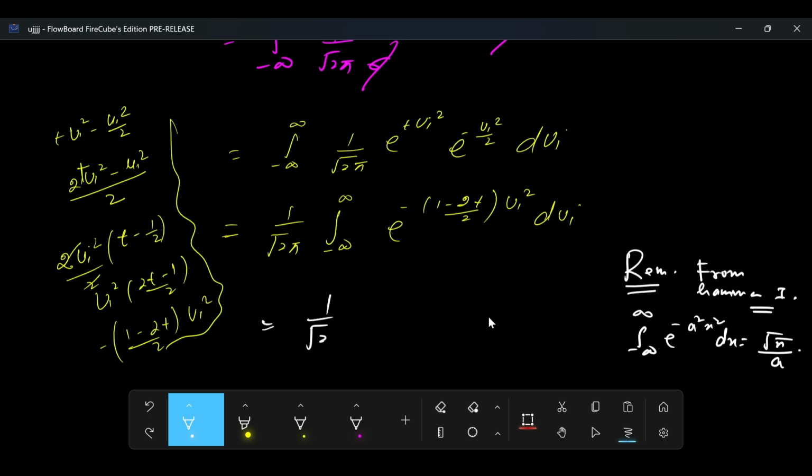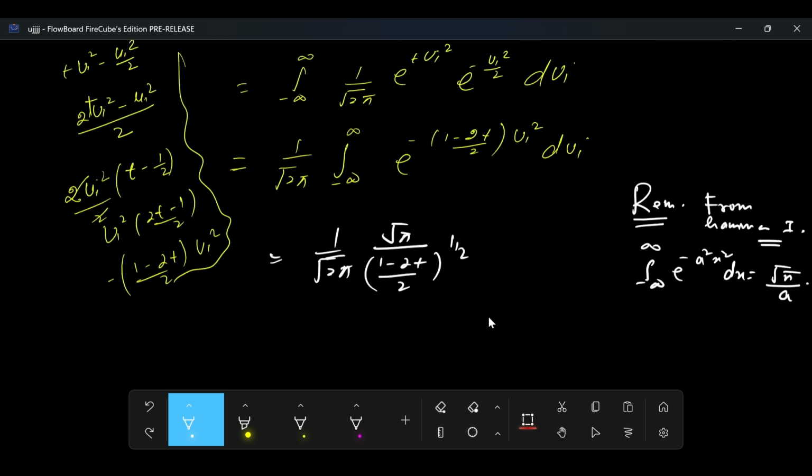So what will be the value of this if this is this? See, in place of a square we have this, and root pi as it is. So can I write this as root pi upon (1 minus 2t divided by 2) to the power 1 by 2? Check this.